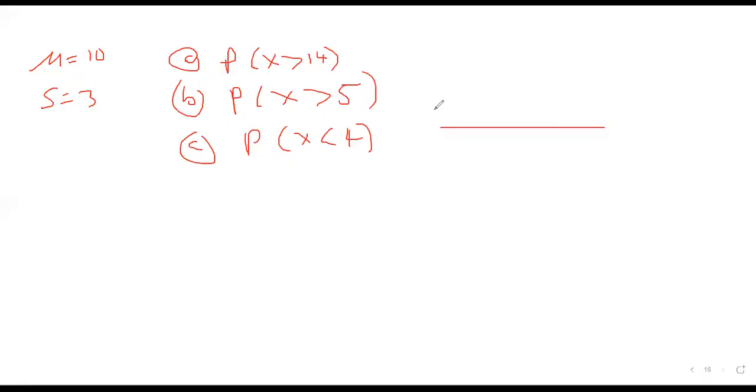Okay, so for the first one, where are we going to put the 10? In the middle. 14? Then put it on the right side. The right side, correct. Where are we shading? We're going to be shading on the right side because of the greater than sign.